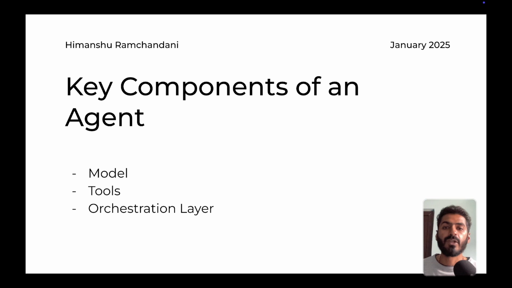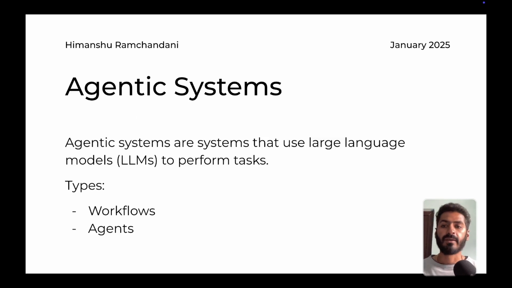Some of these things will be taken care of by the platform if you are using a tool to create an AI agent, and if not, you can code it yourself. I'm coming back to this slide in some time, but keep these three things in mind.